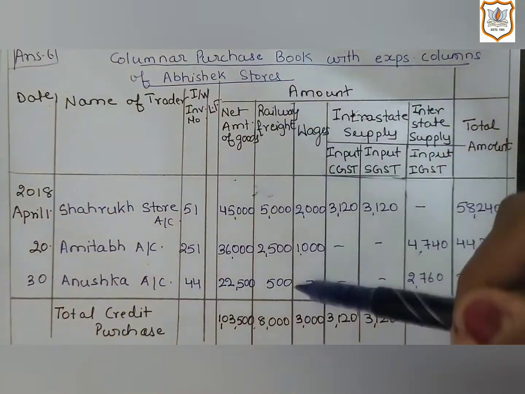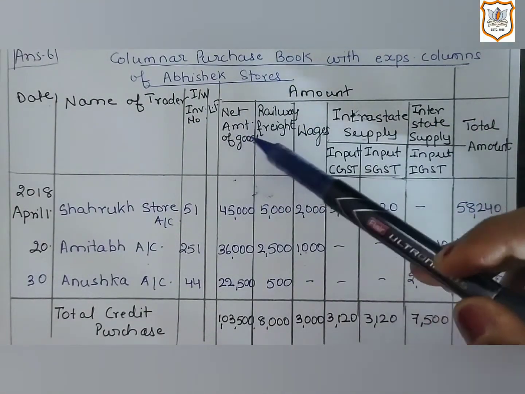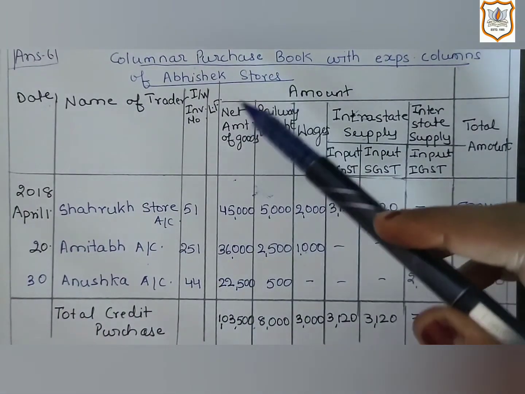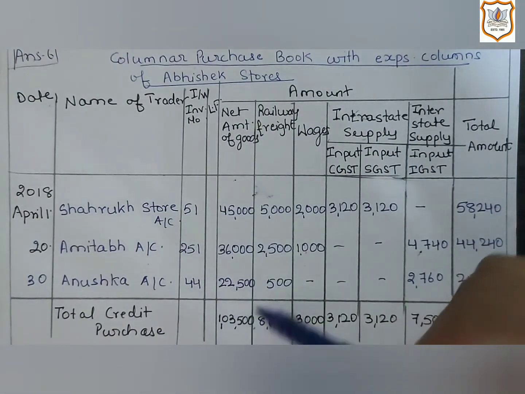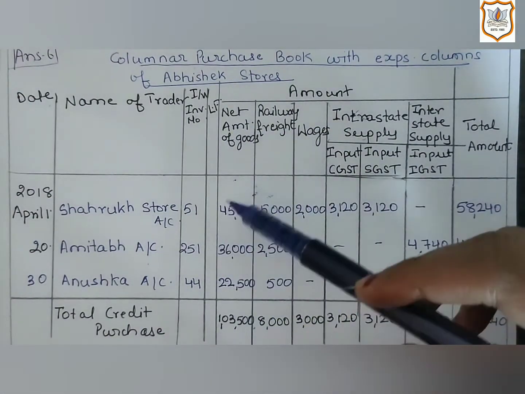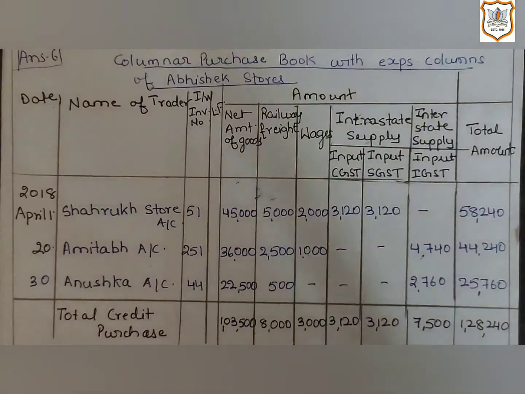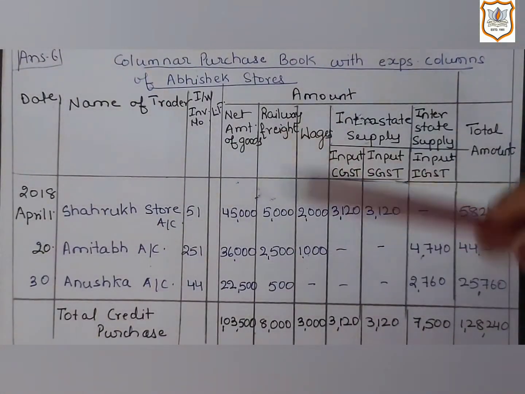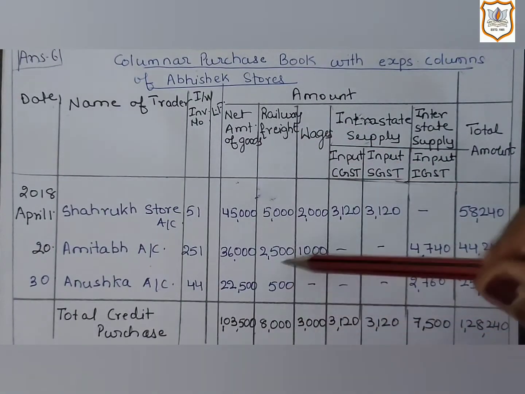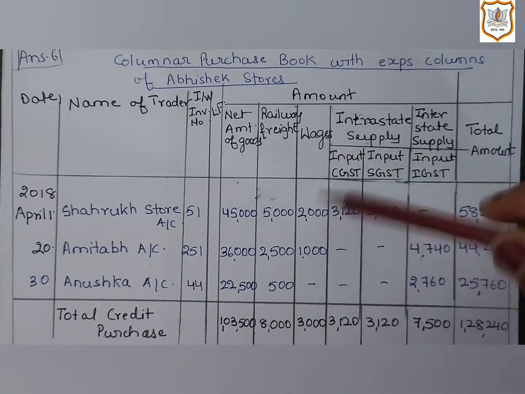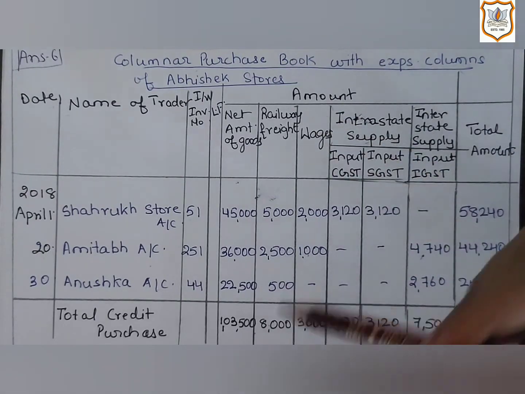Now add up this column of net amount of goods. Here we will get 1,03,500. That means total net amount of goods that we have to pay to different suppliers is 1,03,500. Now add up the amounts of this column, that is of railway freight. That gives you 8,000. And then total of wages would be 3,000.